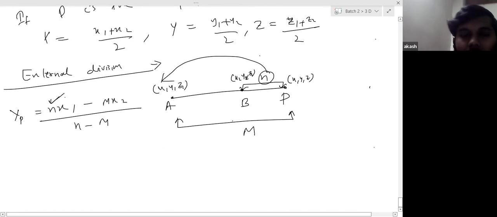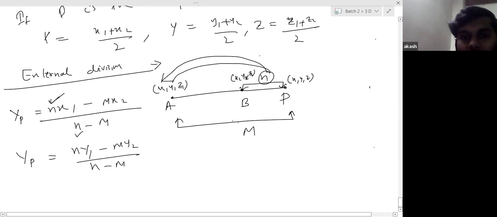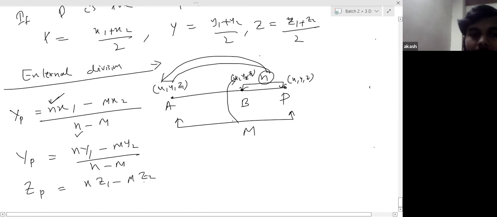Whatever you write first, you have to write first in the denominator also. Same with y. This will be ny1 minus my2 upon n minus m. Same for z coordinate, nz1 minus mz2 upon n minus m.